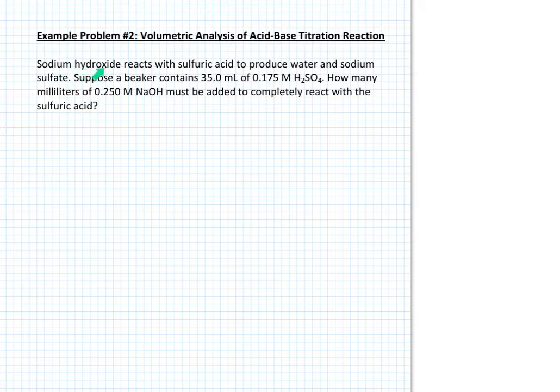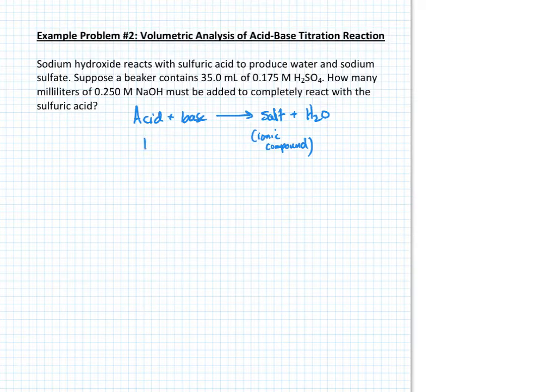So we have a base, sodium hydroxide. It reacts with sulfuric acid, and the general reaction scheme for acid-base reactions is acid plus base yields salt plus water. And when we say salt, we mean an ionic compound, not necessarily NaCl, although it could be NaCl. So an acid plus a base is a salt plus water.